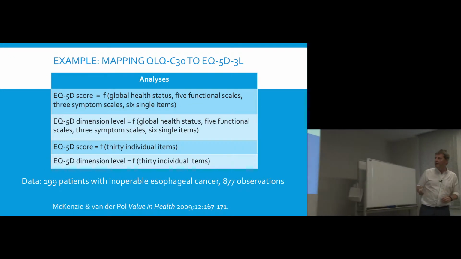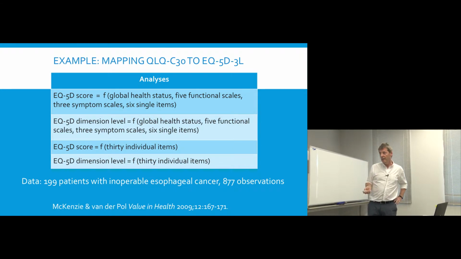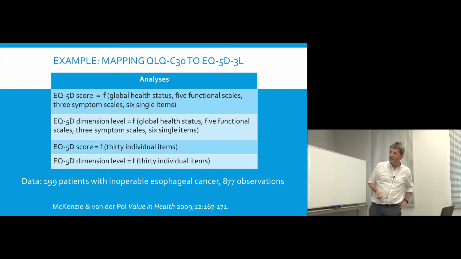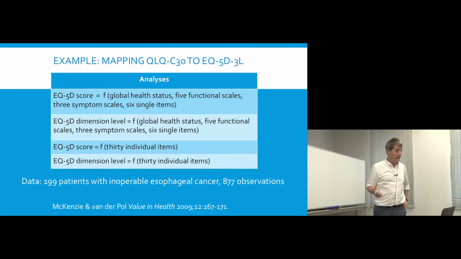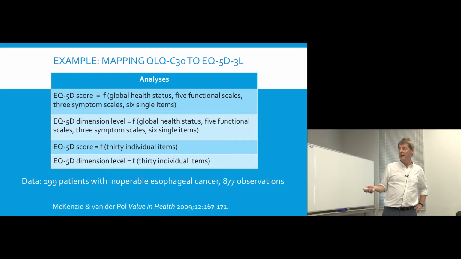I'll give you one example. These are actually some former colleagues of mine in Aberdeen, Linda Mackenzie and Marion van der Poel. They did this mapping study almost a decade ago now, and they are mapping from the QLQ-C30 to the EQ5D, and they had data for about 200 patients who had inoperable esophageal cancer, and they had 4 or 5 observations per patient over time, so some longitudinal data.